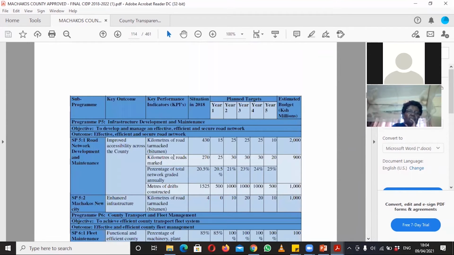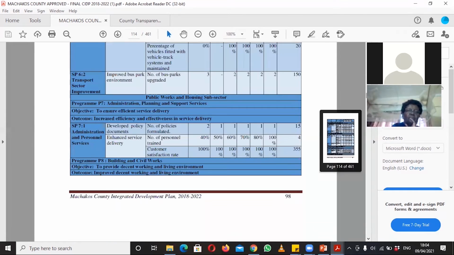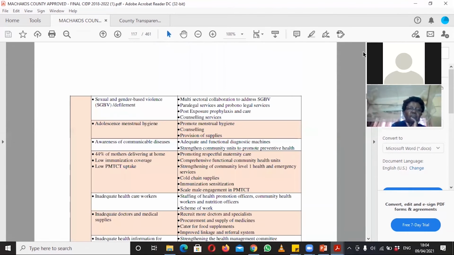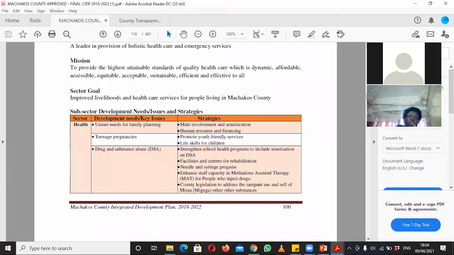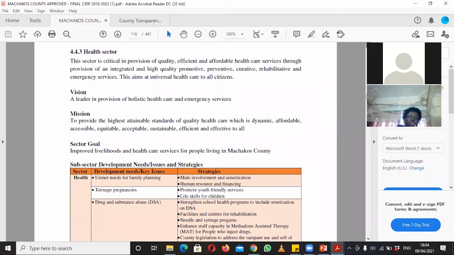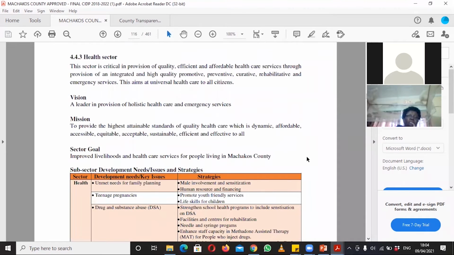So you remember when I was training you guys, I told you that you have a program, which is the big picture, and then it's divided into objective, outcome, and then there are sub-programs. So sub-program on road network and development. So there are various sub-programs. And now you see, we have health, okay? This is where I wanted us, because it's going to be easier.